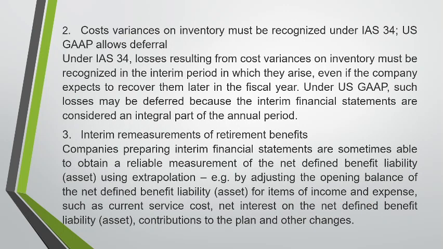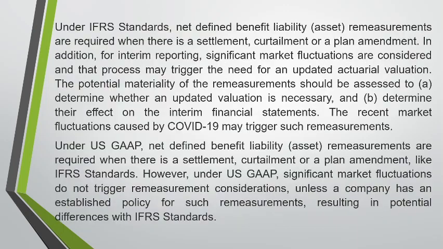Interim remeasurement of the entire benefit plan: companies preparing interim financial statements are sometimes able to obtain a reliable measurement of the net defined benefit liability using extrapolation, by adjusting the opening balance of the net defined benefit liability for items of income and expense such as current service costs, net interest on the net defined benefit liability, contributions to the plan, and other changes.